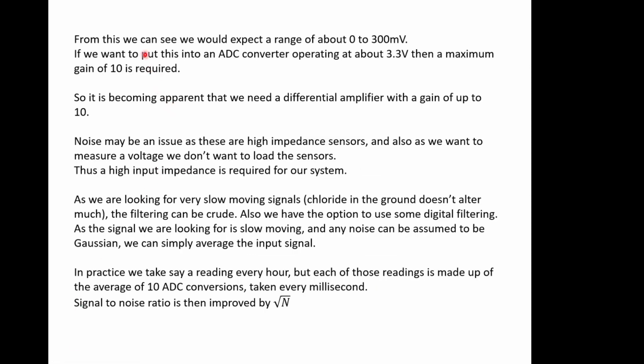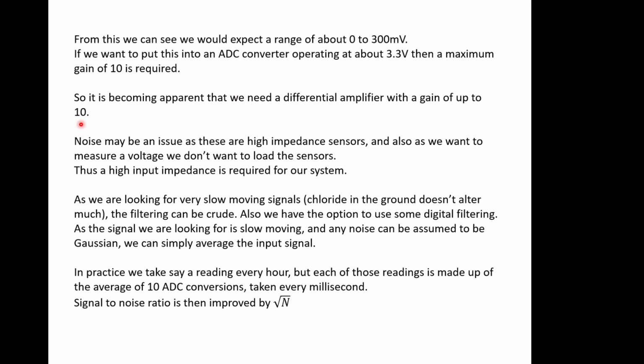Okay, so as I just said, from this we would expect a range of about 0 to 300 millivolts or so. That would be a good range to have as an input signal to our op-amp or our amplifier system. We probably want to put that into an analog to digital converter operating at about 3.3 volts. So we want a gain of about 10, because that gets our 300 millivolts up to about 3 volts, and that allows us to use the full range of our converter.